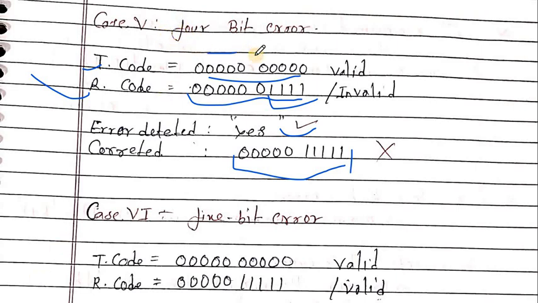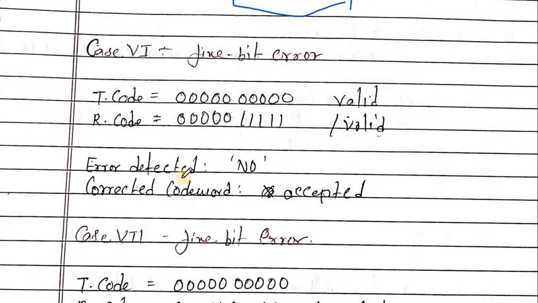So in a 4-bit error, the receiver will not find the correct transmitted code. The same thing happens in a 5-bit error. The transmitter sends a code word and the receiver receives the 5-bit error string.